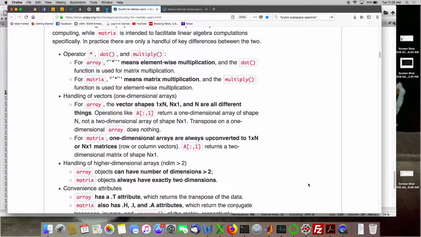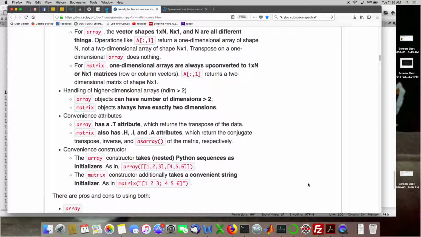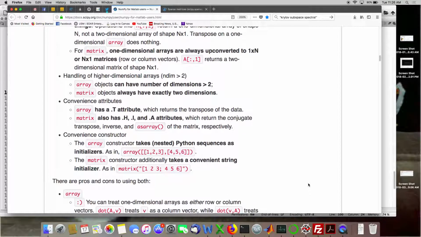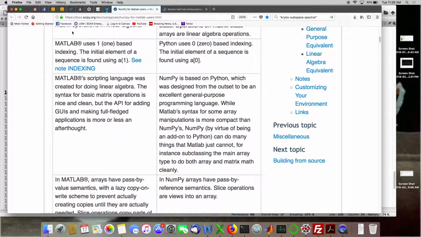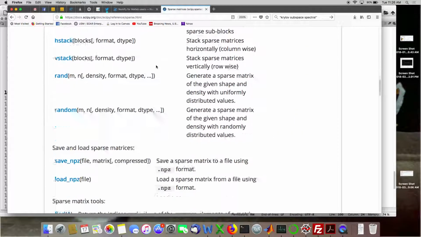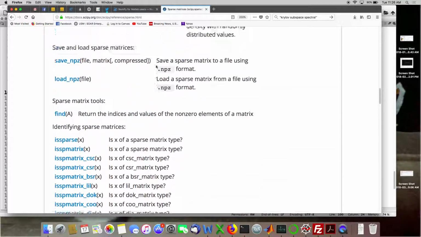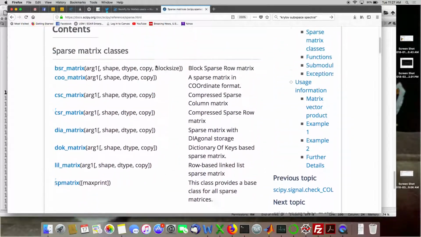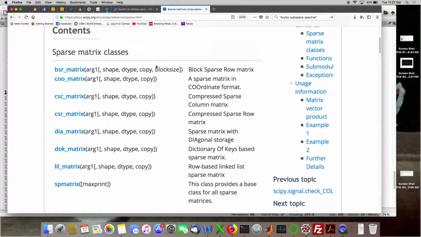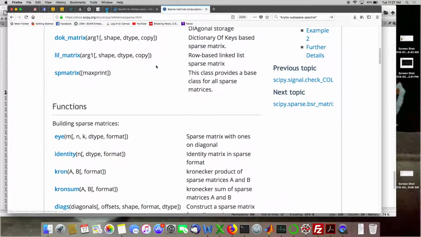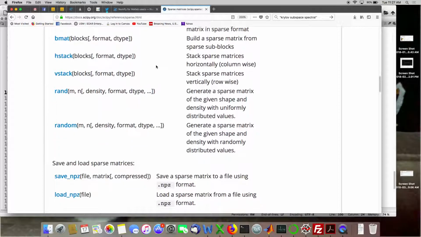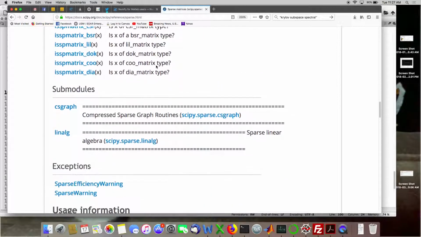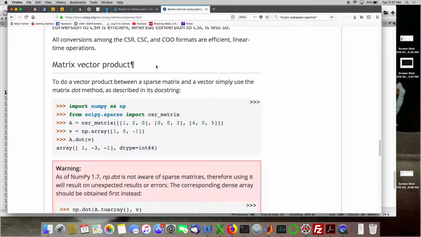Okay. Now, on the other hand, with sparse matrices and operations, where do we talk about the operations you can perform on them?